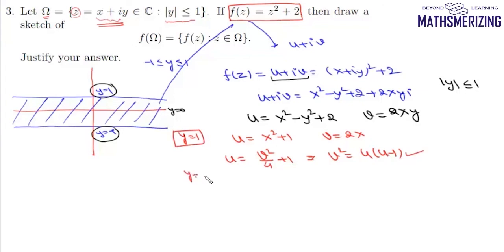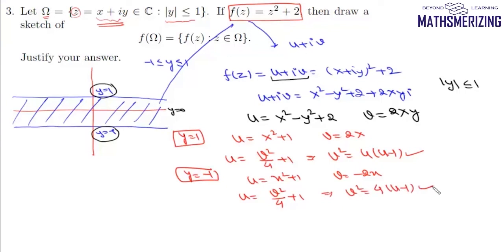Now we'll take y as -1. If we take y as -1, again we'll get u as x square plus 1, and v is minus 2x. Again we'll replace x with minus v by 2. So we'll get u equals v square by 4 plus 1. So again we'll get v square equals 4u minus 1. So for both the boundary values 1 and -1, we are getting the same parabola, which is v square equals 4u minus 1.